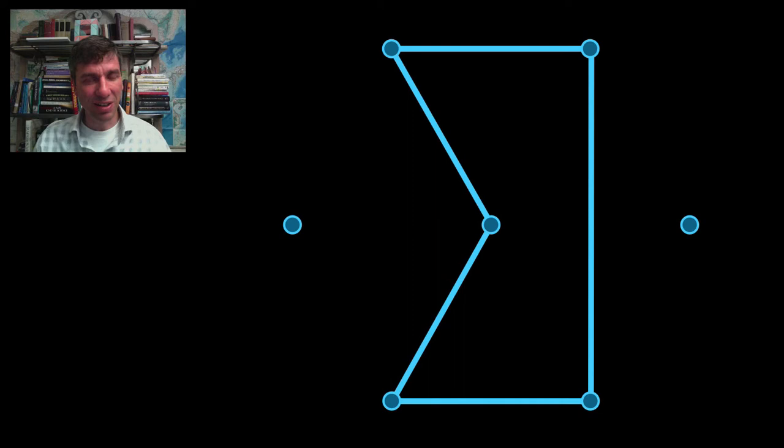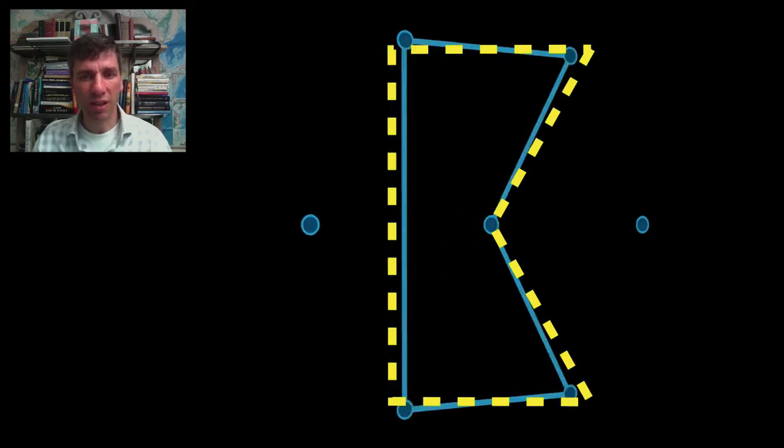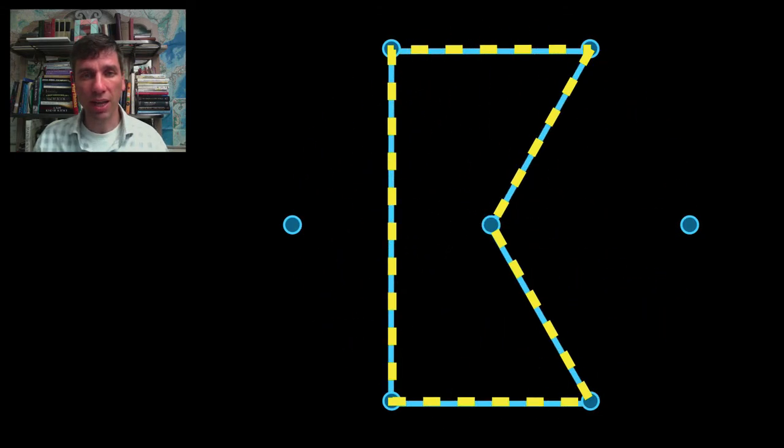Okay, and the same is true for this pentagon, is it? Do we have to count the mirror image or not? Well, let's see. The mirror image of that pentagon is that yellow shape, and sure enough, if I flip it, I can get to that shape, but also I can get to that shape just with rotating. So actually, I do not need to include that shape.